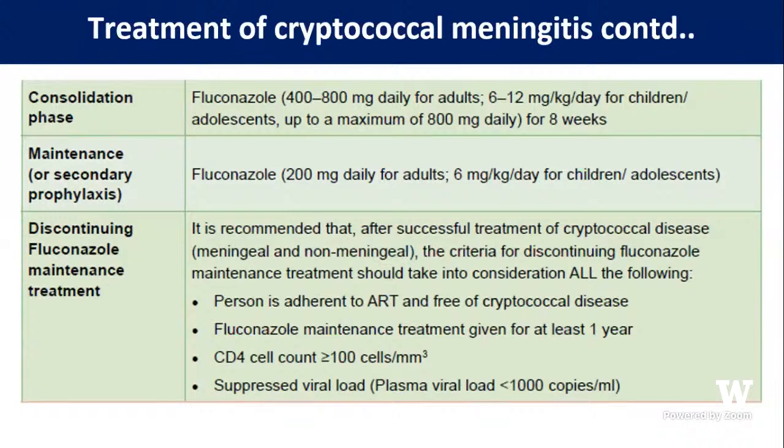So remember, by this time, the patient should have been started on ART and should be virologically suppressed. Only then can you recommend stopping secondary prophylaxis with fluconazole. So it is a very complicated, long treatment of cryptococcal meningitis.